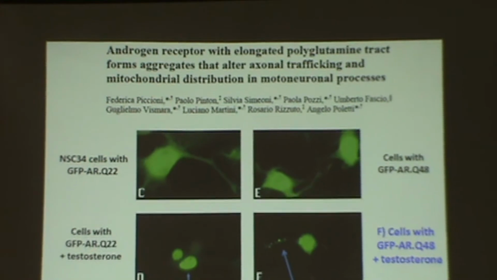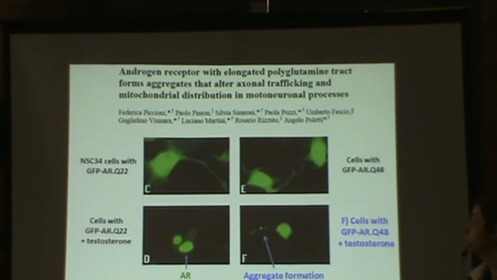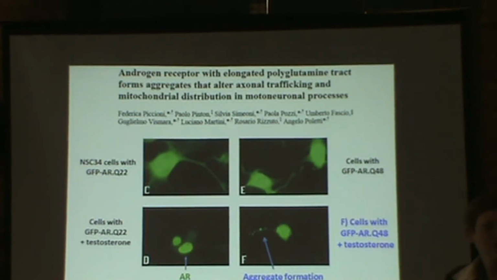So Dr. Paletti's group used model neuron cells to check where the androgen receptor was and what happened when you added testosterone. Another thing about the androgen receptor is that normally it has about 20 glutamines. Glutamine is an amino acid, and proteins are made out of amino acids.